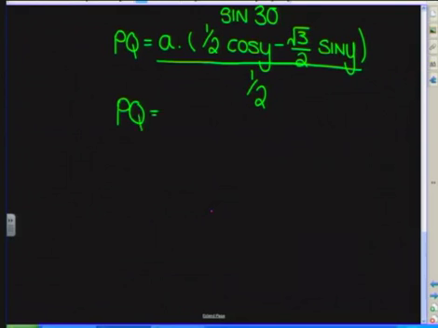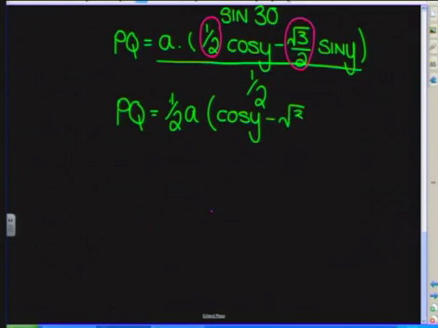So let's see what we've got here. PQ is now equal to, do you guys agree with me that I could actually take out a common factor here? And that common factor is going to be a half. So I've got a half a, which inside my bracket is therefore going to leave me with a cos y minus a root 3 sine y. And this is all over a half. Okay, so I hope you guys are with me.